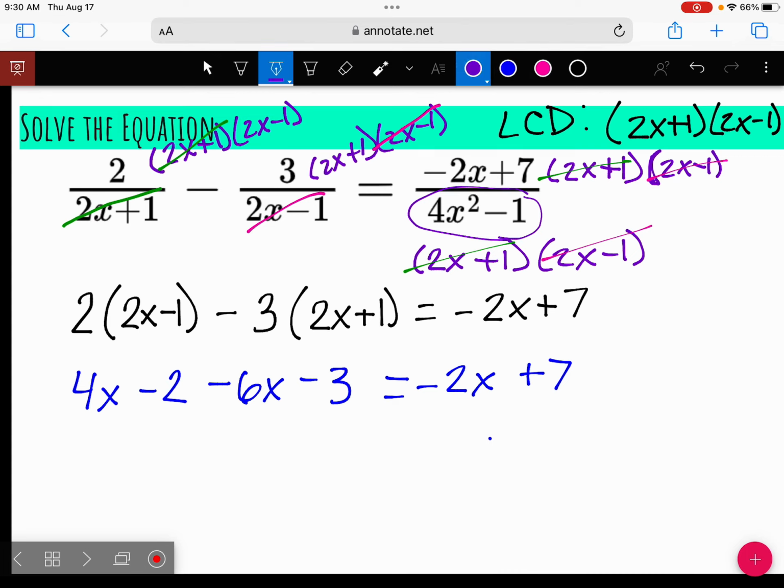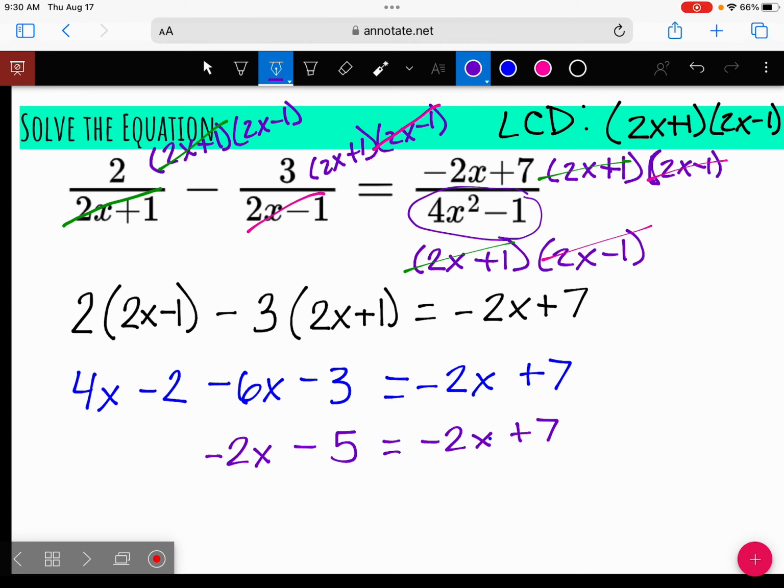And then we're going to simplify. So we've got 4x minus 6x on this side, which gives us minus 2x minus 5 equals minus 2x plus 7.